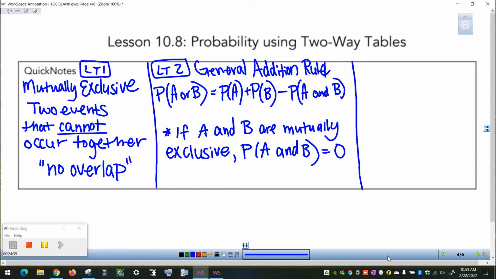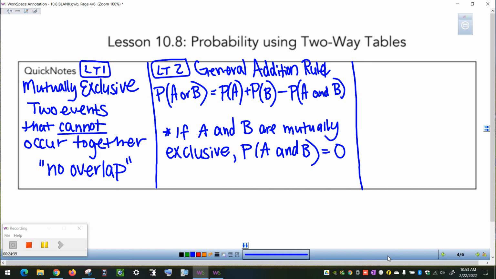Which makes sense because if they cannot occur together, it would not be possible for event A and event B to happen together at the same time. So that's why when they are mutually exclusive, we didn't necessarily need this piece at the end. Well, really what was happening is that it was just a value of 0.